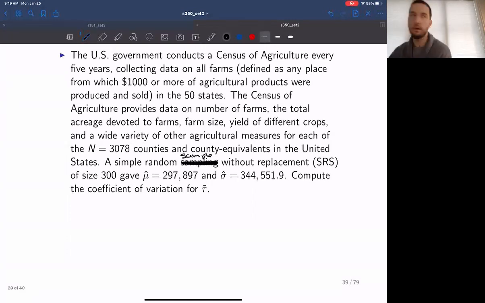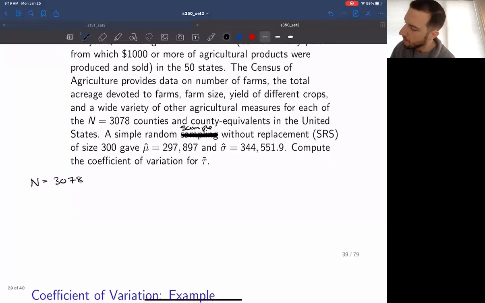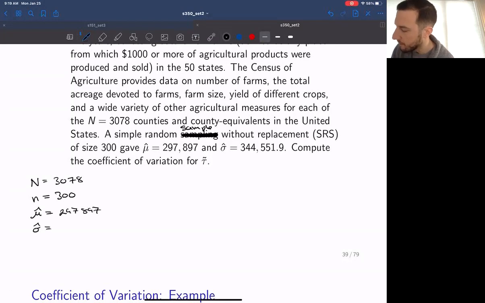All right, so what do we have in this question? Well, we have our population size, which is capital N. We are told that we collected a simple random sample of size 300. We are given the estimate of mu based off of that simple random sample. And we are given the estimate of sigma, which noticeably is very, very high.